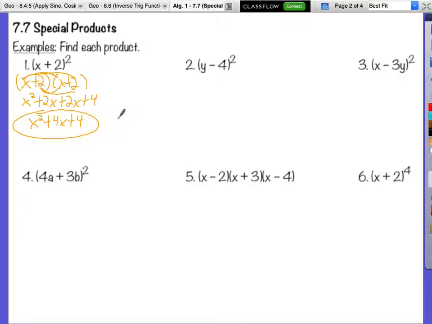Let's do 2 through 4 on your own right now. When you're done, please raise your hand and take that check. Or if you have questions, raise your hand and ask the question.